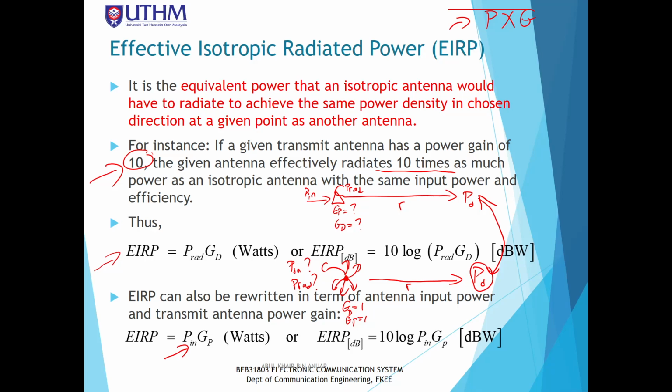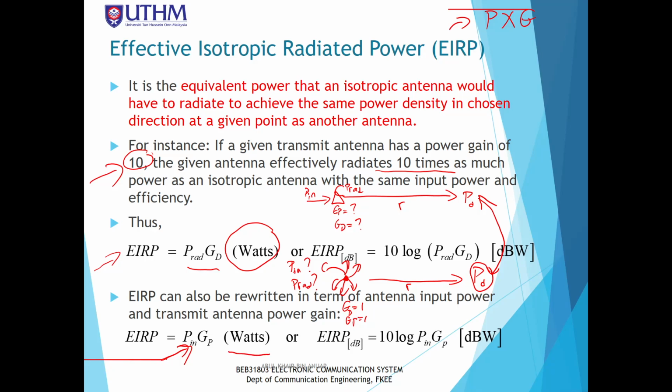So EIRP, effective isotropic radiated power, is equal to P radiation multiplied with directivity gain. The unit is in terms of watt. Or we can also write EIRP equal to P in, input power, multiplied with power gain. The unit is also in watt.